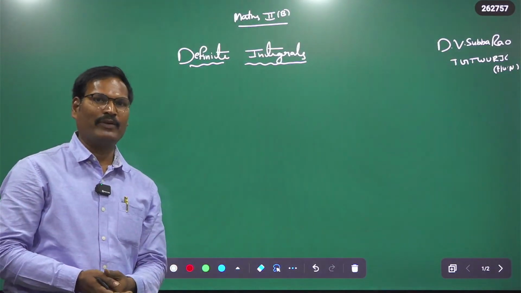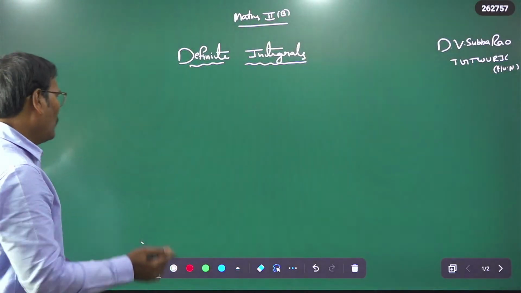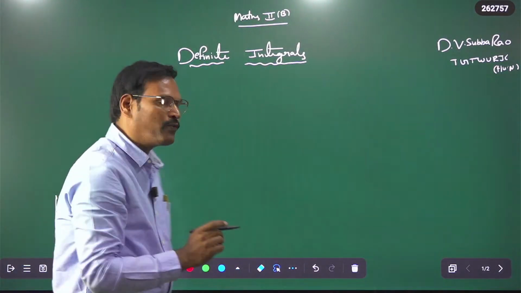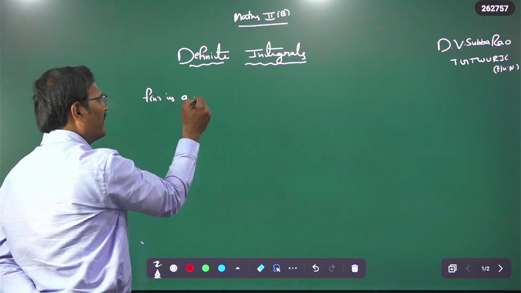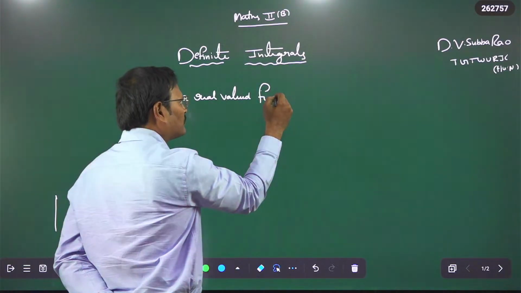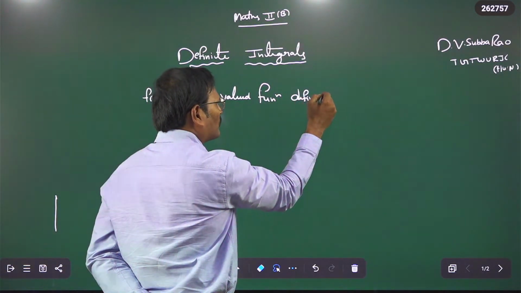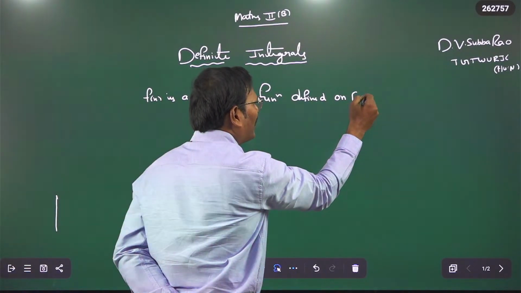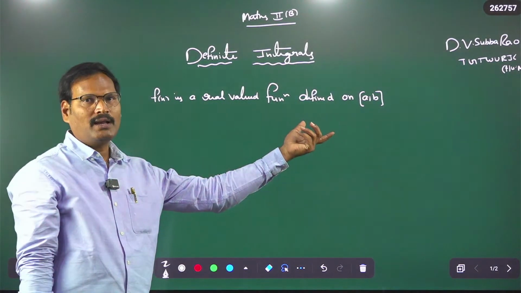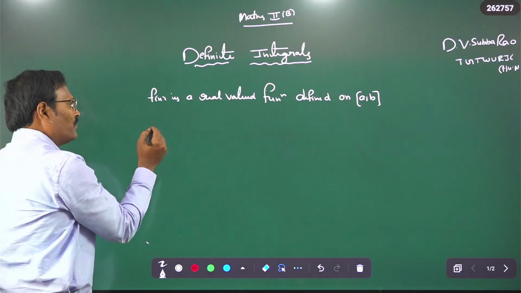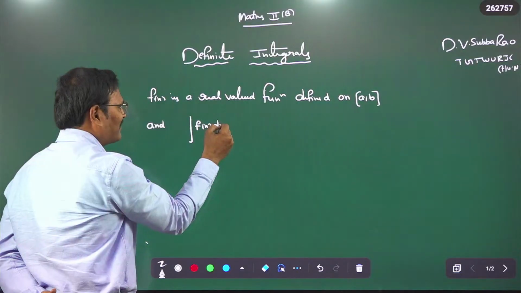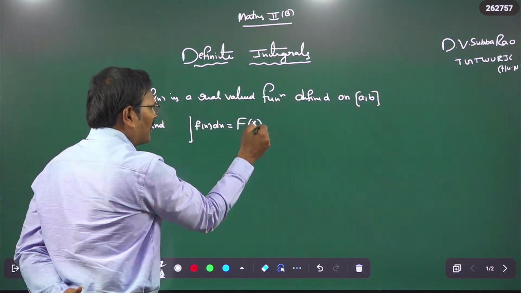Listen carefully, the definite integral definition is very important. f of x is a real valued function defined on the closed interval a comma b. It must be defined in that closed interval a comma b, and integral f of x dx is equal to capital F of x.